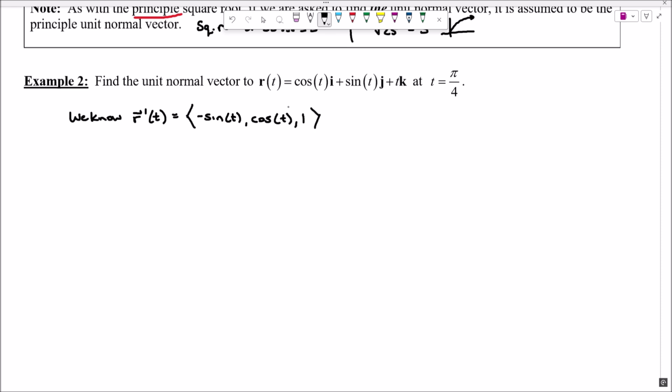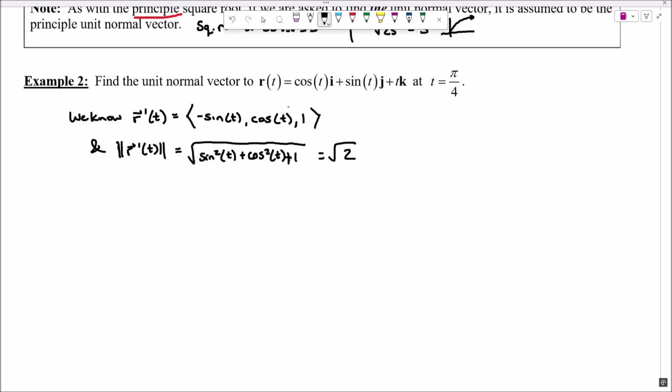Then I need to find the norm of this function, which, if I do this, I'm going to square each of the components. That's going to get me sine squared of t plus cosine squared of t plus 1. Very conveniently, that does turn into square root of 2.